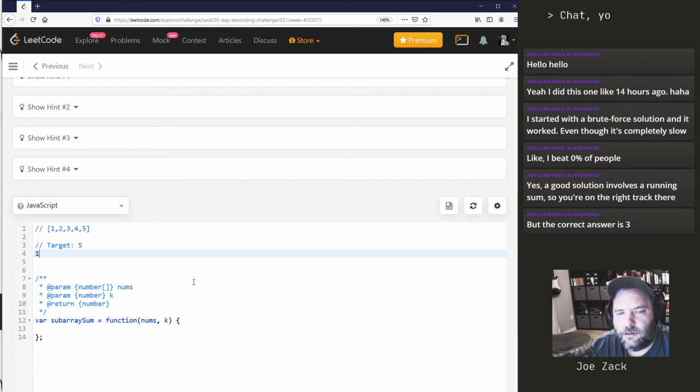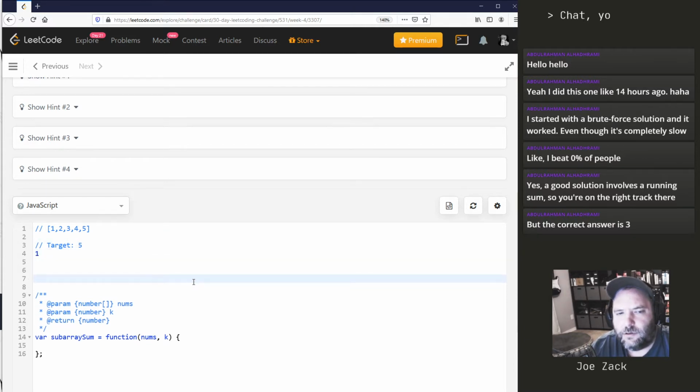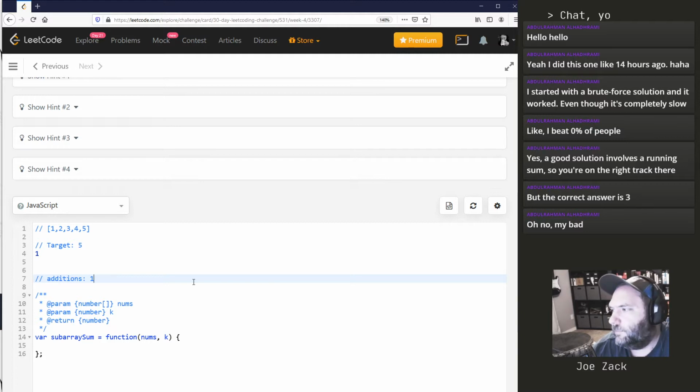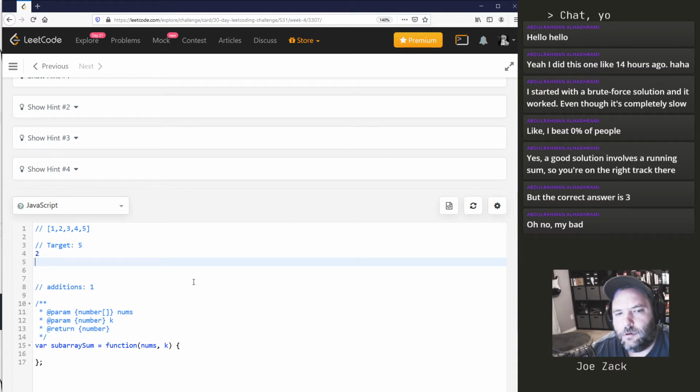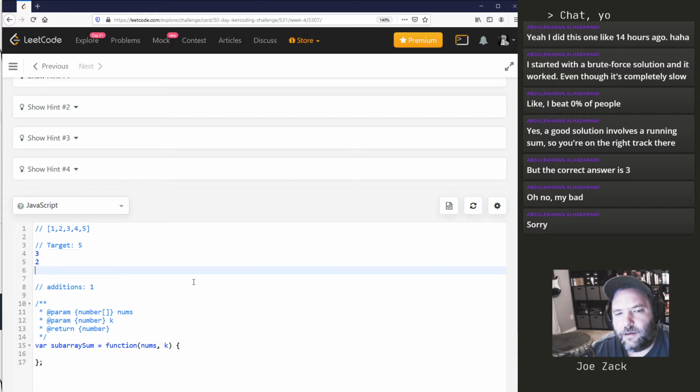So we said 1. Okay. So I'm going to keep track of the number of additions we did too. Additions. So far I wrote 1. And then we're going to add 2. That's 3. We're going to add, and that's going to be a total of 3.